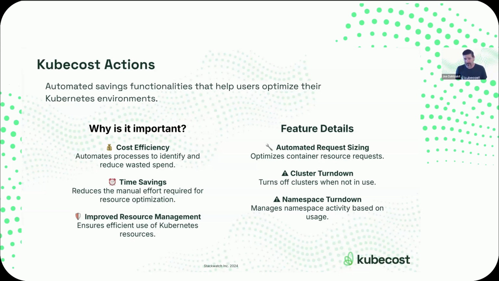Being able to have some automated actions that do that for you is a huge time saver and can reduce the number of failed deployments due to things like vastly under provisioning a resource or forgetting to have it in the first place. So really cool automation features there. Yep. And this is just the start. We have a bunch more planned for future releases, but this is where we're beginning the journey.